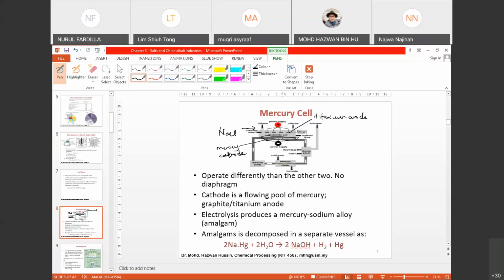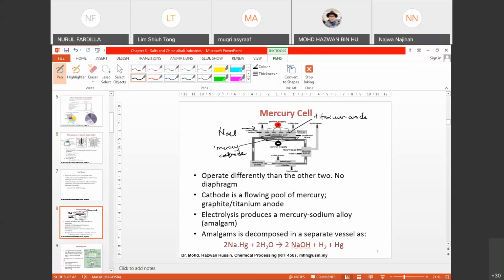During the process, brine solution is pumped into the cell, and the first reaction is the formation of amalgam.